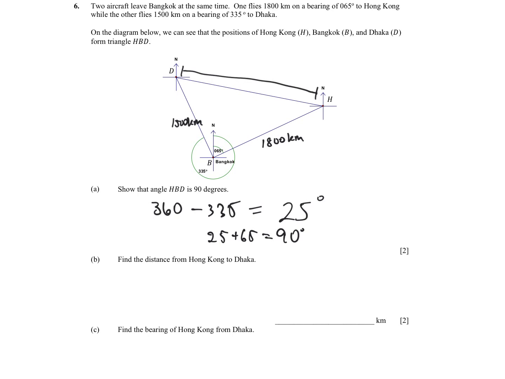So the distance from Hong Kong to Dhaka squared, that's the hypotenuse because it's opposite the 90-degree angle. 1,500 squared plus 1,800 squared. And basically, when you simplify that, we're going to just calculate all of that and then square root it, and you should have gotten 2,343.1 kilometers.